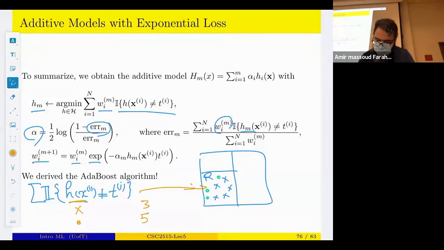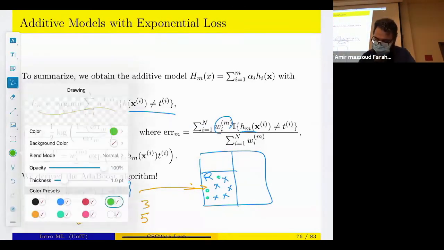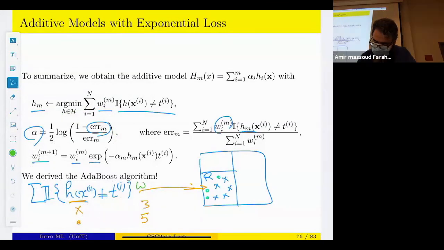Now suppose this is the same, except that you have a weight wi, some number. Again, you have two choices: either you choose cross or you choose circle. But then this value would not be 3; you need to consider the misclassification times the weight of each data point.